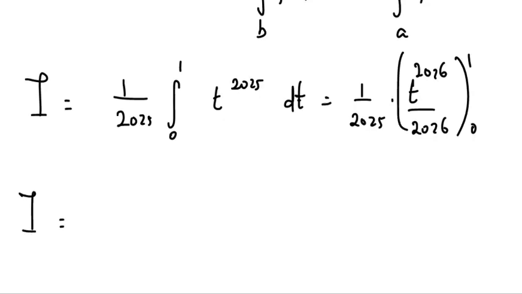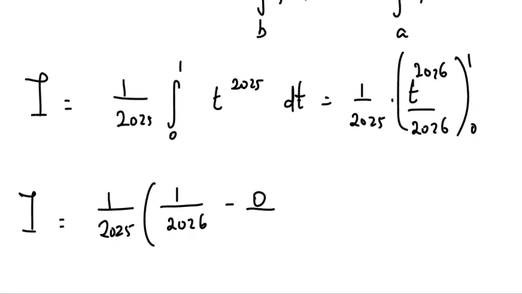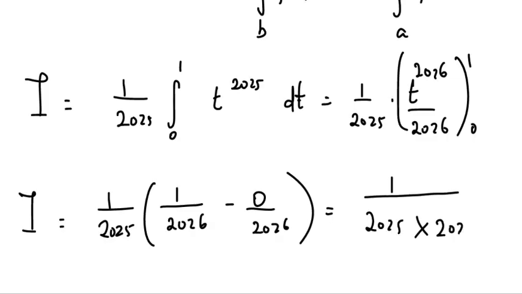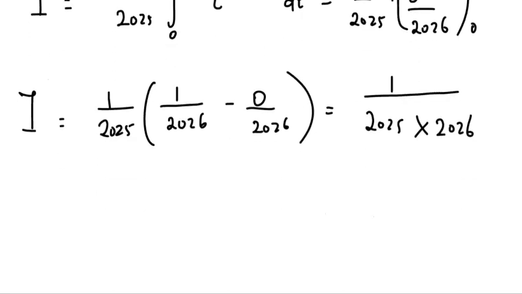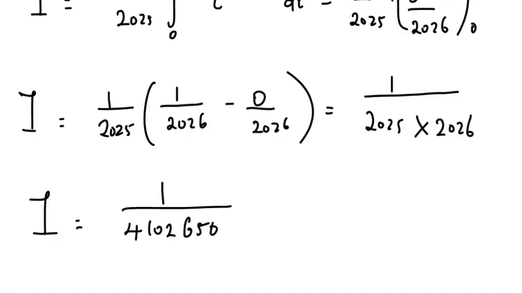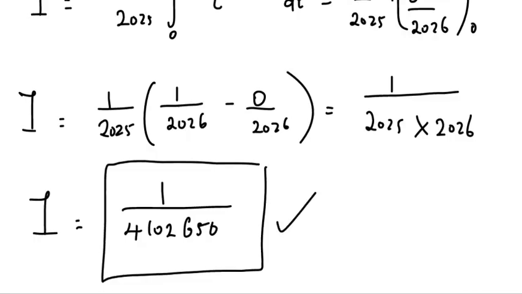Taking the upper limit, 1 raised to the power of 2026 is 1 divided by 2026, minus 0 raised to the power of 2026, which is 0 divided by 2026. So this gives us 1 divided by 2025 multiplied by 2026. If we check the product, we find our final answer: I is equal to 1 divided by 4,102,650. So this right over here is our solution.